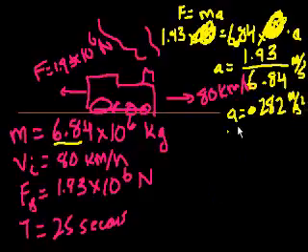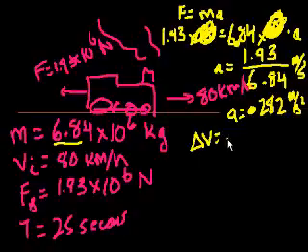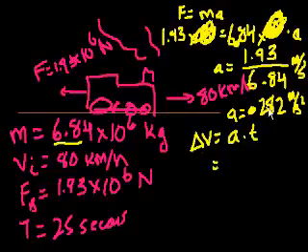And so how fast is the train going to be going after 25 seconds? What's the change in velocity? Well, the change in velocity is equal to acceleration times time. If we take its velocity as a positive number, then its acceleration will be a negative number, because it's going in the opposite direction. Could have done it the other way around. So the change in velocity is equal to minus 0.282 meters per second squared times 25 seconds.